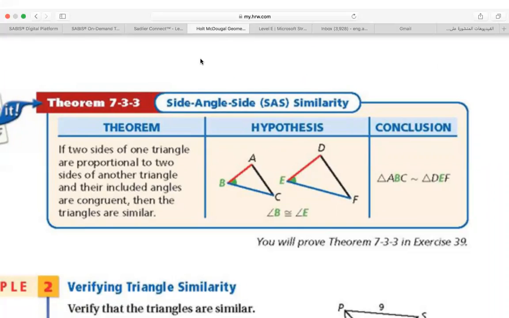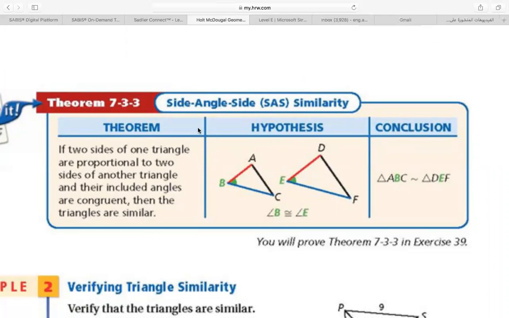Like, I have AB here, and I have DE here. The pink lines, you see? The two sides here are proportional. And I have BC and I have EF. They are proportional. I will not stop here.